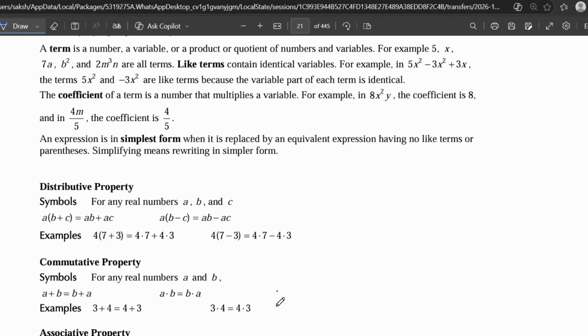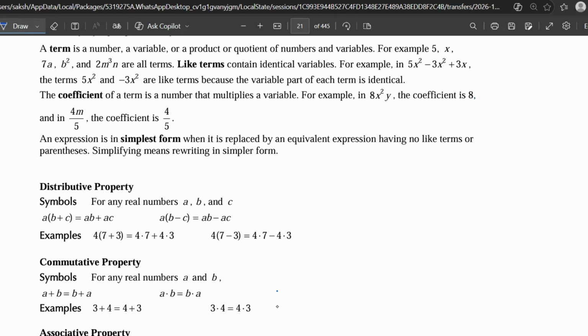Like we have learned just now, what is a variable, what is a constant, and what are the other terms. I already told you that a term is defined by addition and subtraction.